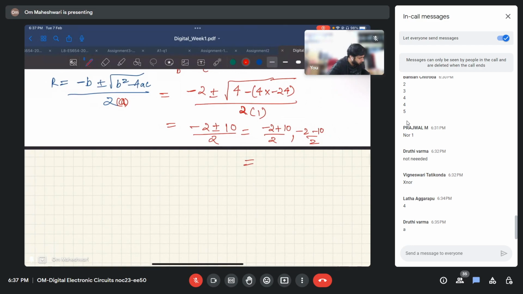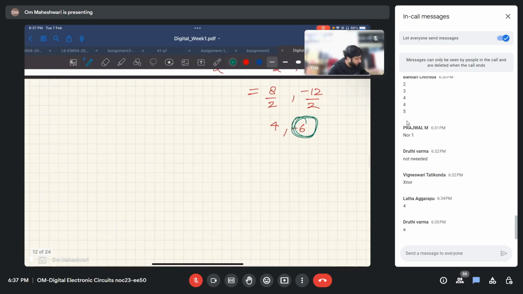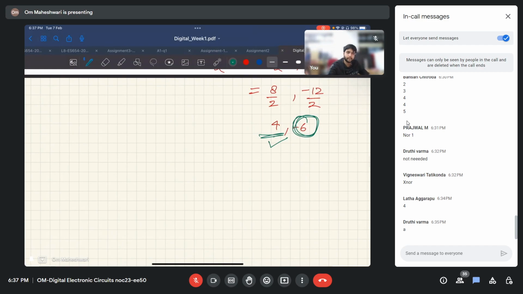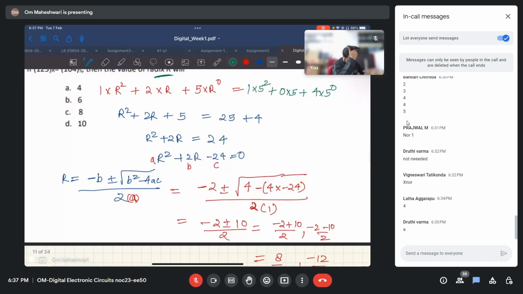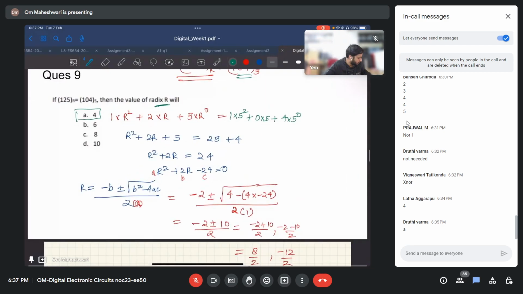So what we will get finally, 8 by 2 or minus 12 by 2, it is 4 or minus 6. We cannot have negative bases, or the radix cannot be negative, so our answer will be 4. Is there any doubt in this part?